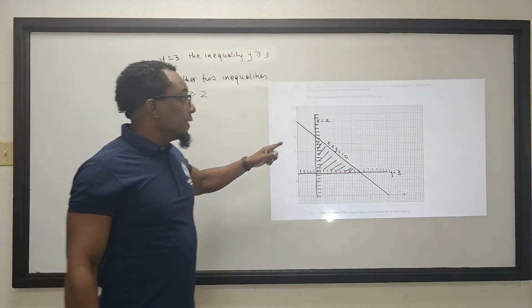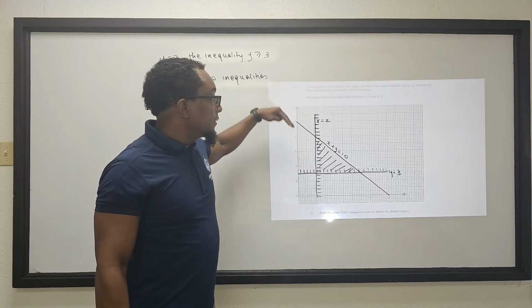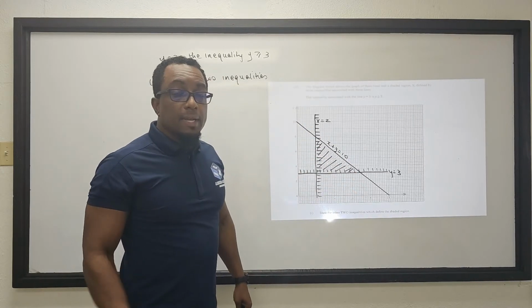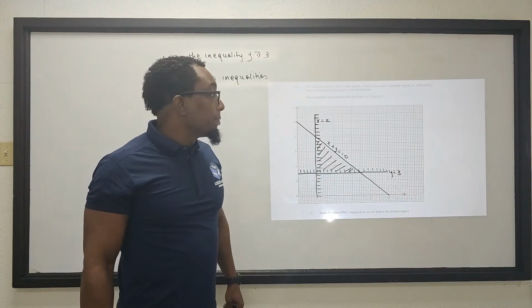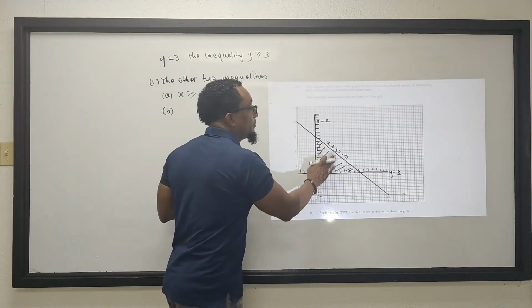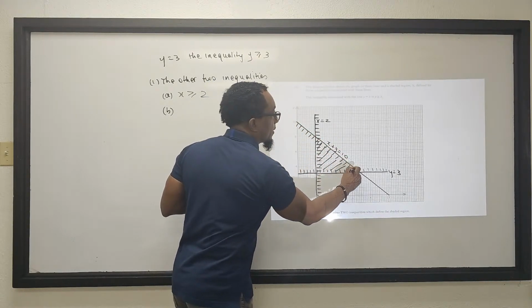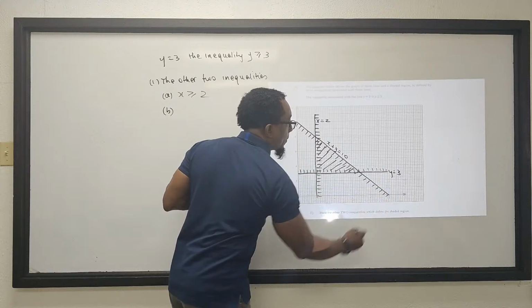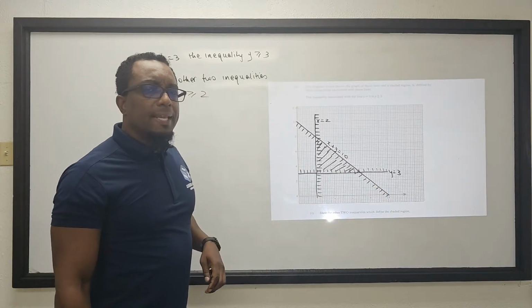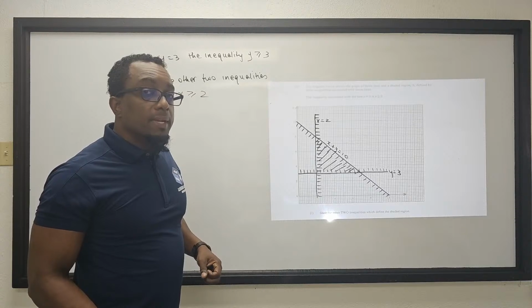And let's look at the other inequality. We have this line here, x plus y is equal to 10. We have that sloping line. It's a linear function, so hence it's a sloping line. And of course, to satisfy this region, I must shade below the line. So linear programming will deal with inequalities and of course representing these inequalities on a graph.